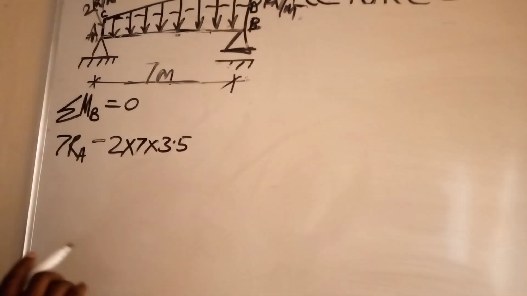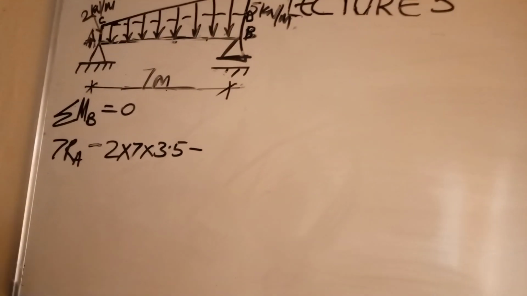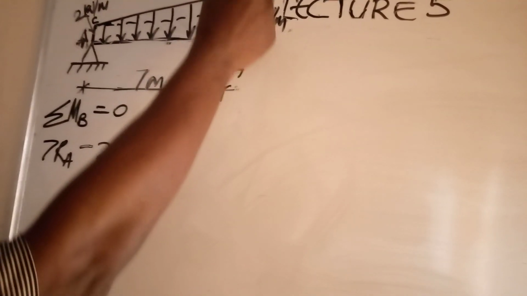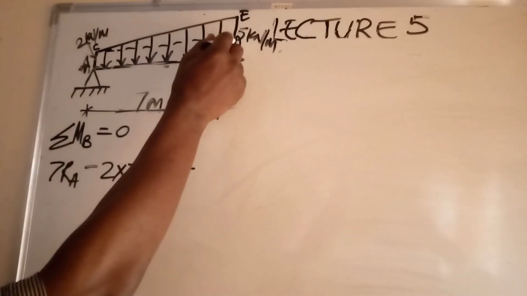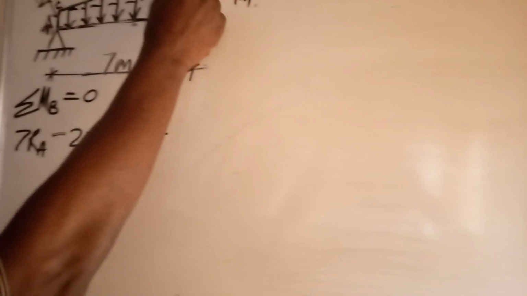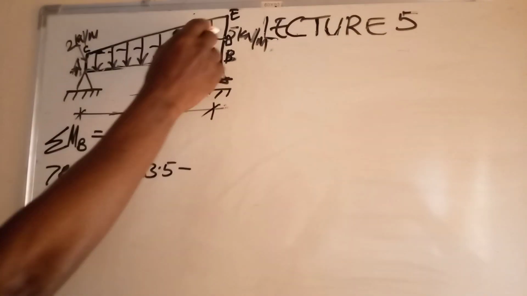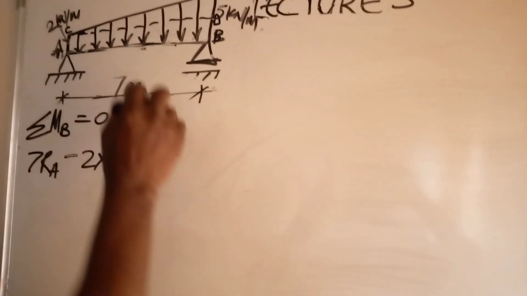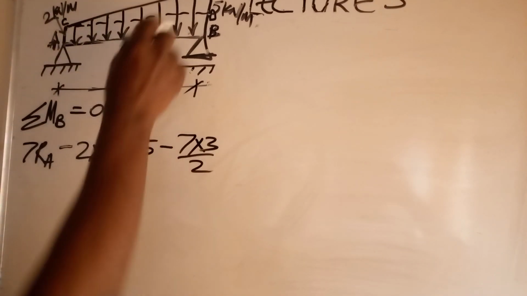The next load is a triangle, minus the area of the triangle. The total intensity here is 5, and if the intensity from D to B is 2, that means from D to E is 3, to give you that 5. So the area of the triangle is 7 times 3 over 2.